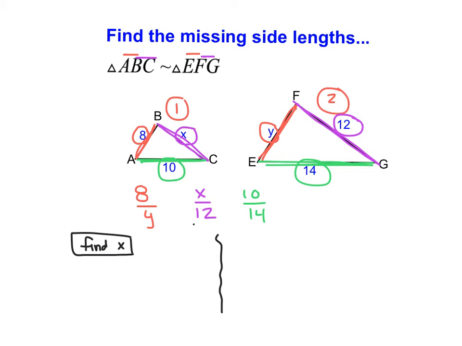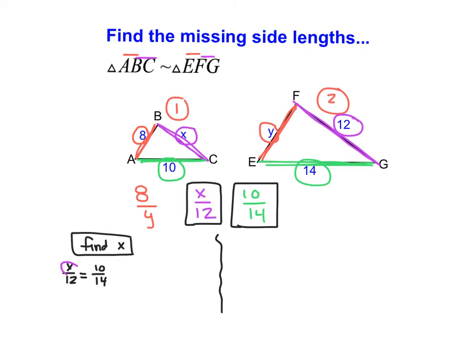So since I'm going to find x, I'm going to choose x over 12. And then I want to choose another ratio that doesn't contain a variable at all, which would be 10 over 14. So here I now have two ratios that I can set equal using a proportion to help me find that missing side length of x.